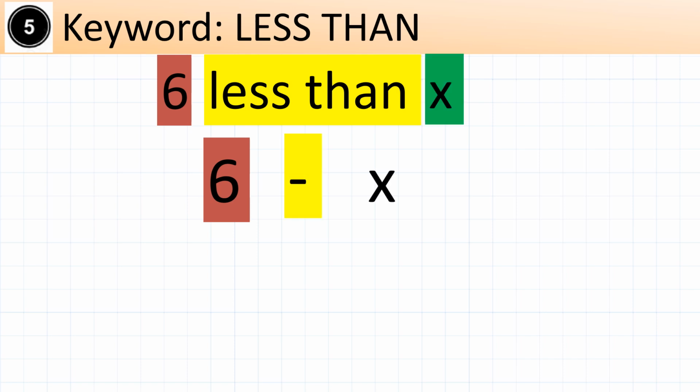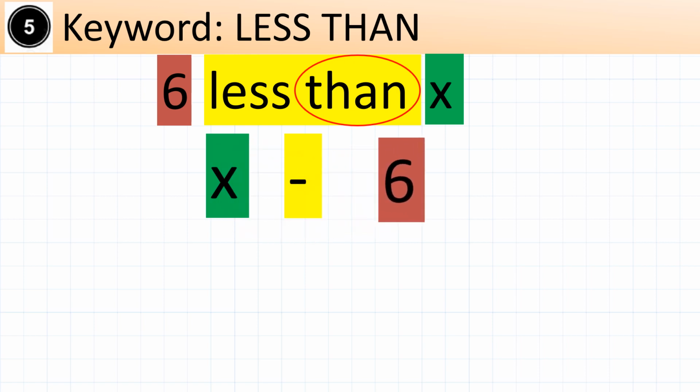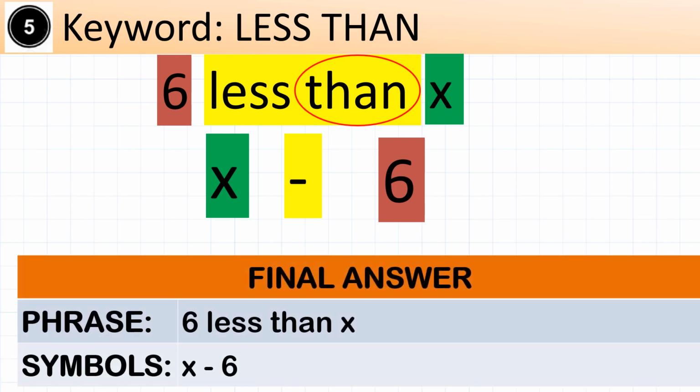And we copy x. Now since there is a word than, all we need to do is to exchange x and 6 in their position. So x comes first and 6 will go to the second one. So 6 less than x is translated to x minus 6 and that is our final answer.